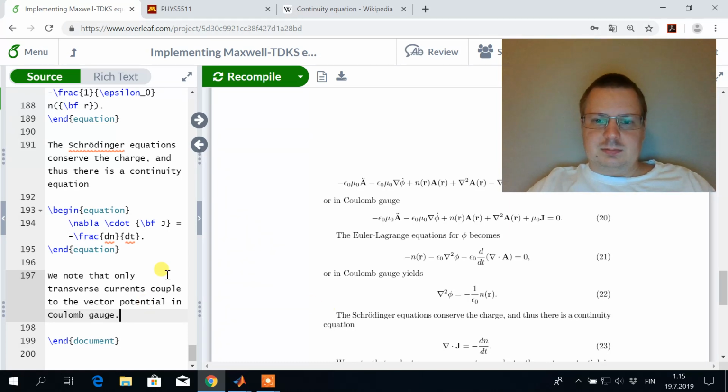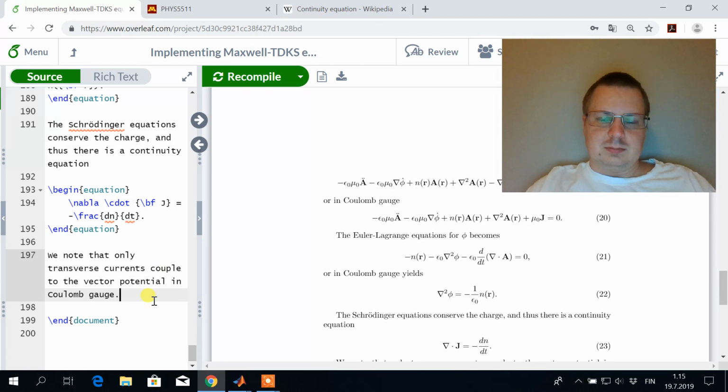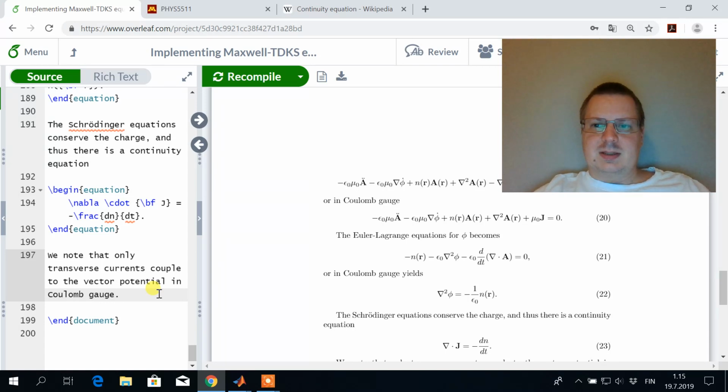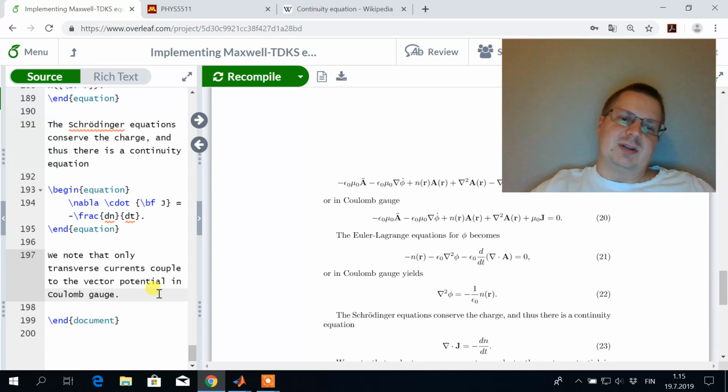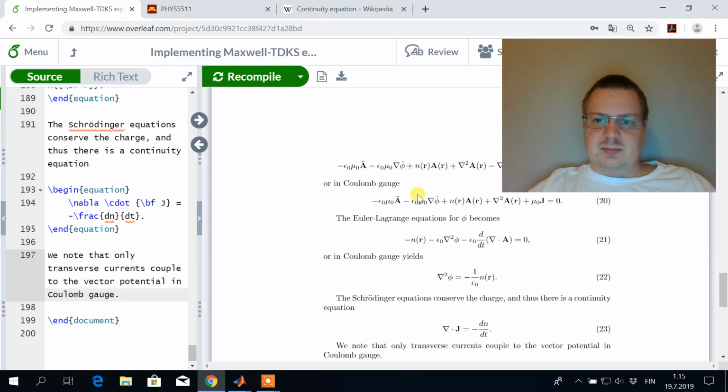I mean, we can always do the Helmholtz decomposition, but I think there has to be a better way.